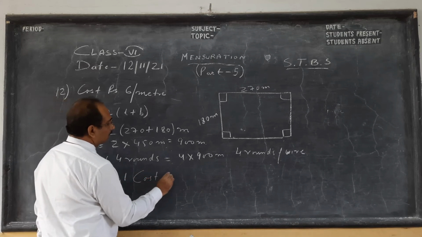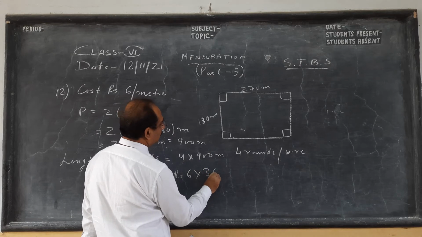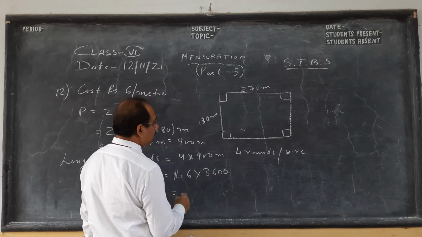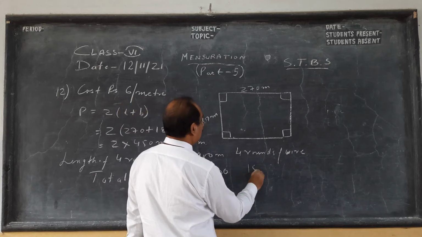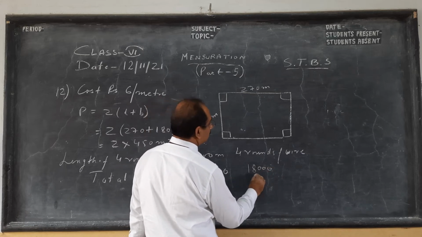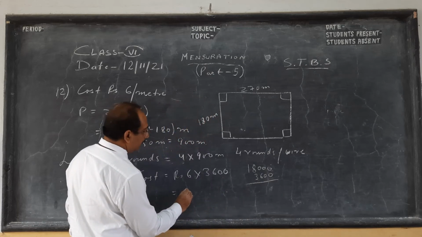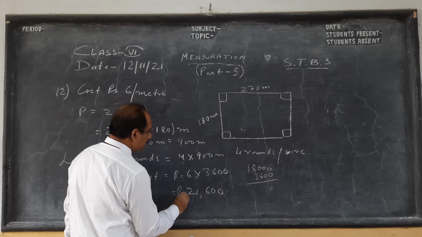So total cost, children, is rupees 6 into 3600. Okay, 3600 into 6. 9 3s are 18,000. Okay, we get, and 600 into 6 is 3,600. So if I add 18 plus 3, 21,600 rupees we have to spend.